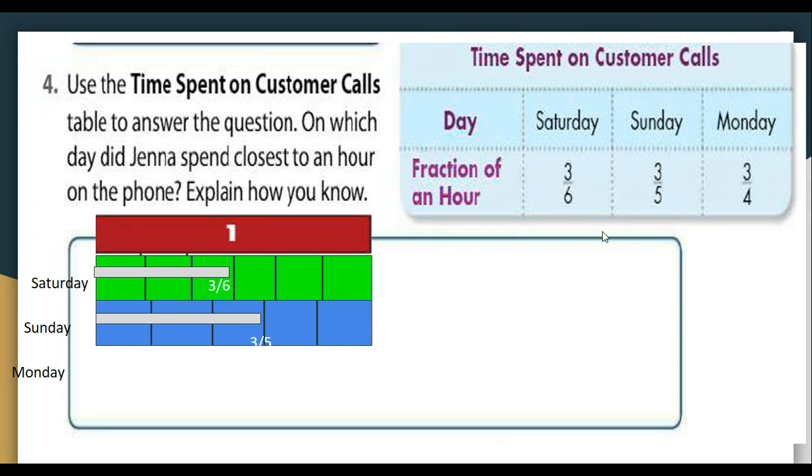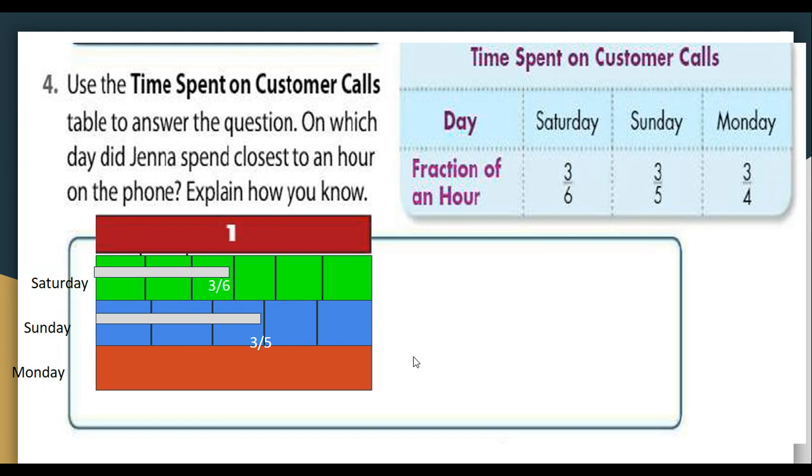And now let's look at Monday. Again, we see that Monday is 3/4 and has the same numerator as the 3/6 on Saturday and the 3/5 on Sunday, just a different denominator. So let's draw our Monday strip. How many parts are going to be partitioned in this strip?